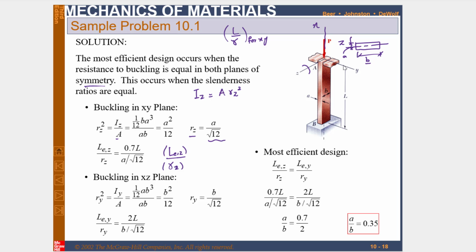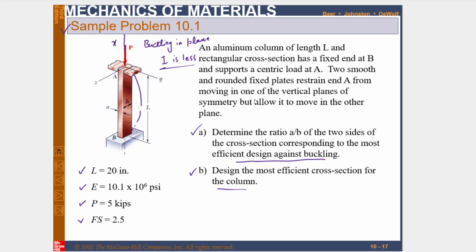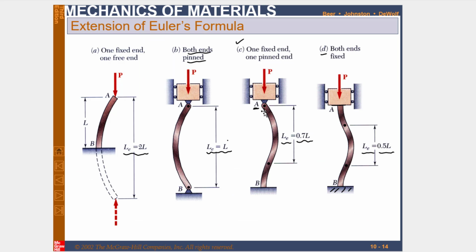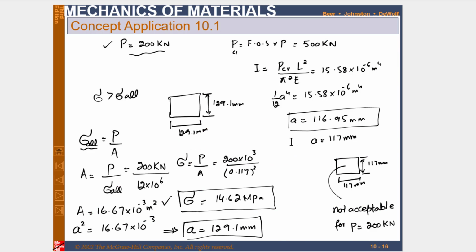You cannot move this column in the xy plane. So definitely it acts like a beam with one end fixed and the other end pinned. So the effective length is 0.7 L.